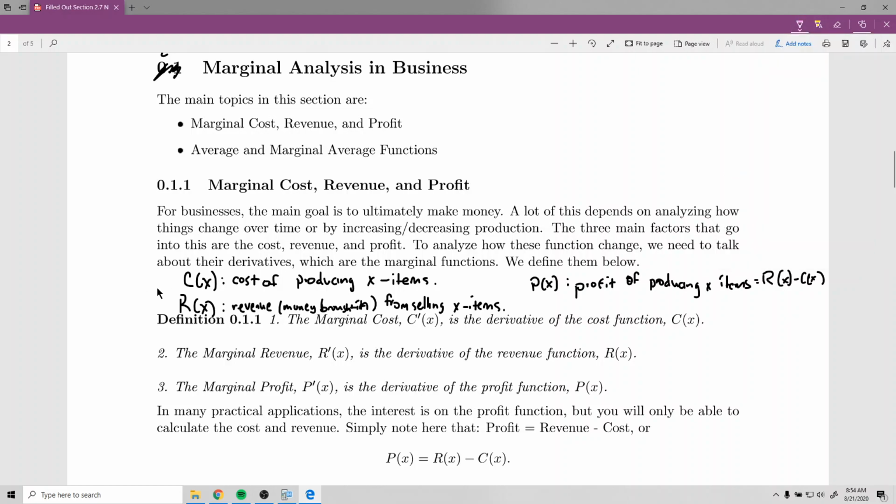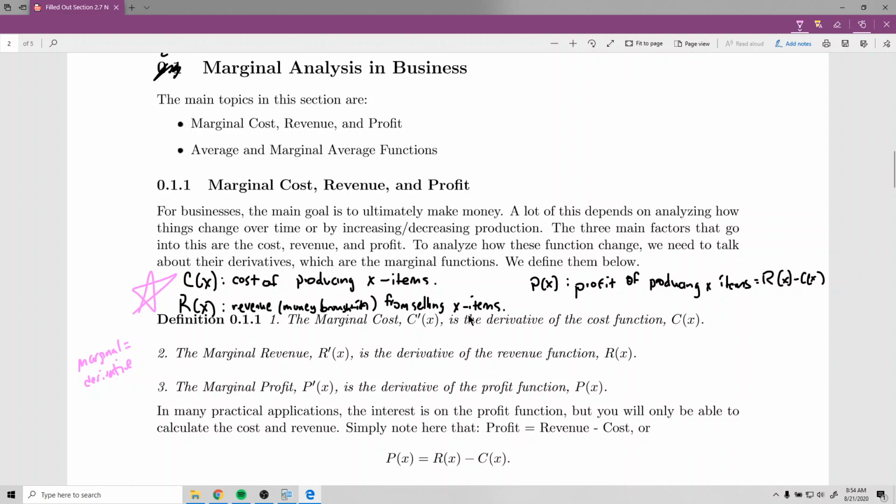Right, so that's just a very brief rundown of what those mean if you're not familiar with it. The corresponding marginal functions just mean the derivative. So marginal, once again, is just asking you to find the derivative, because you might be asked in words, find the marginal cost.